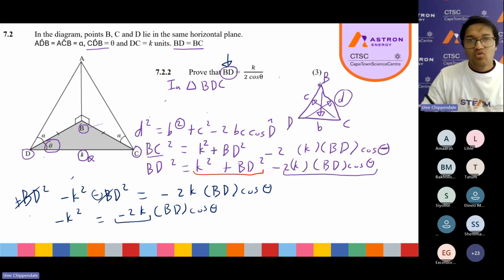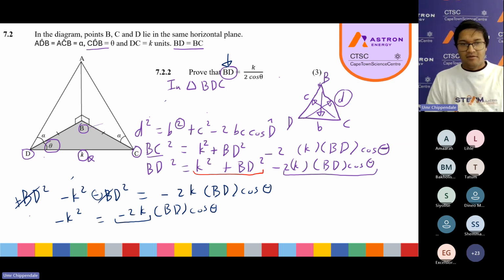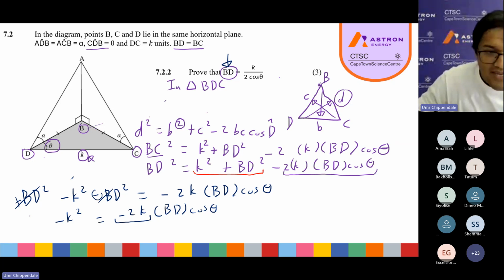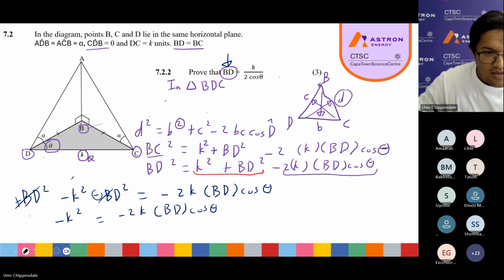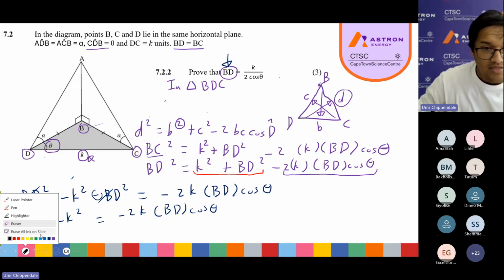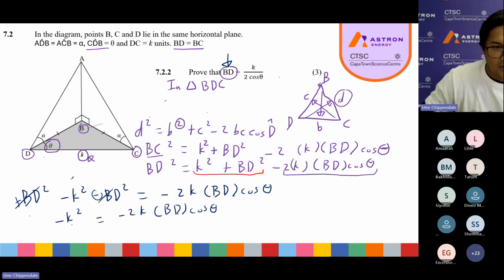Here it says, prove that BD is equal to this. So instead, to get BD on its own, I am rather going to multiply both sides by negative 2k cos theta. Let's change it maybe to purple.